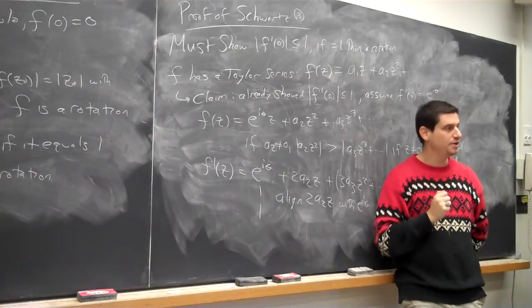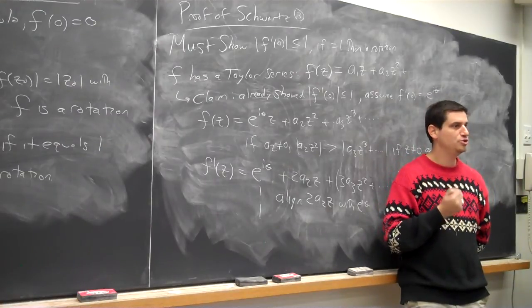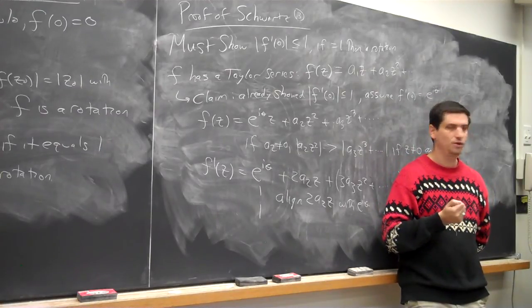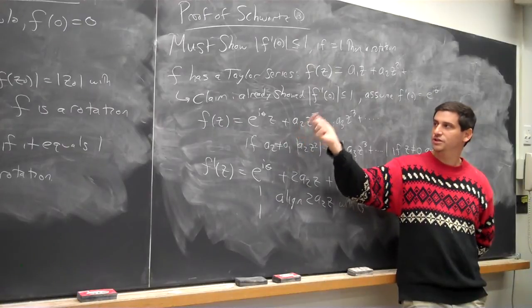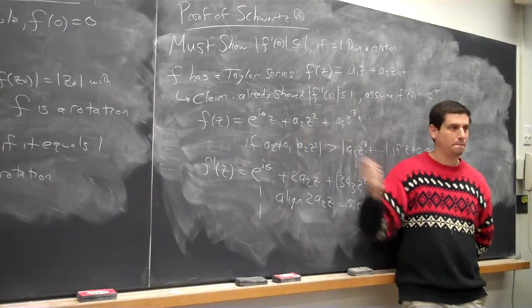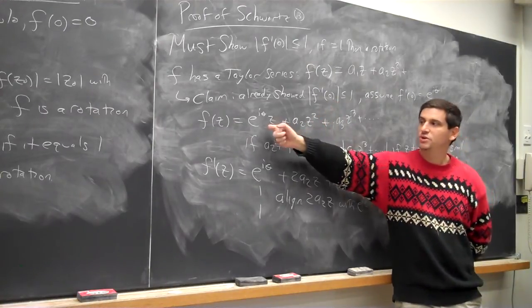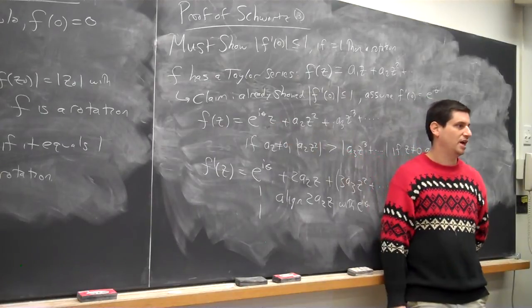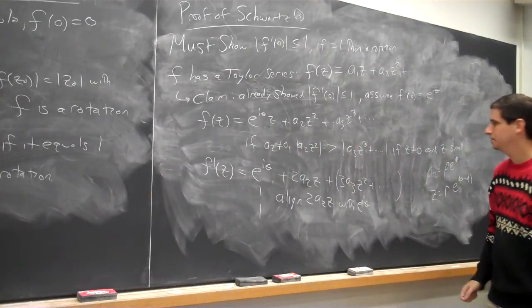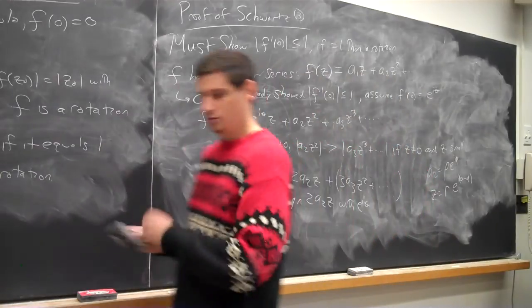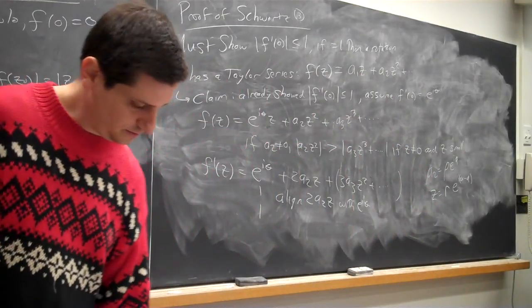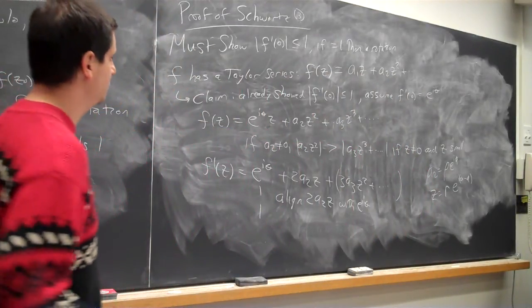So imagine the first derivative was not less than or equal to 1. Could we somehow get a contradiction? So this number would now be greater than 1, and we could make the exact same argument. So I think we have like 1 minute left. I don't know if we have half a minute left.